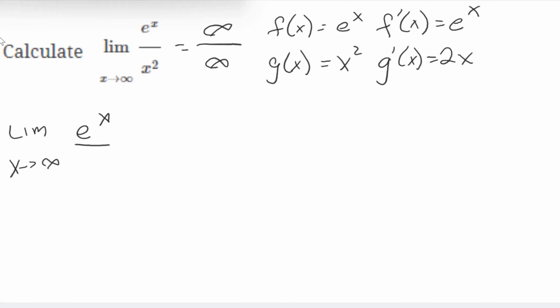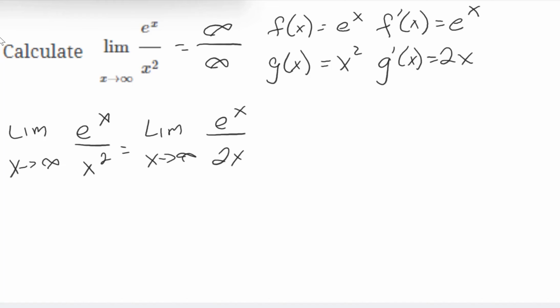The limit as x goes to infinity of e to the x over x squared now equals the limit as x goes to infinity of e to the x over 2x. If I plug in infinity, what's it going to? Still infinity over infinity.